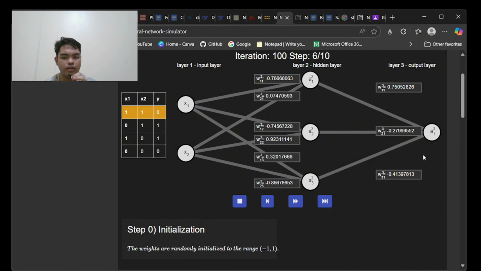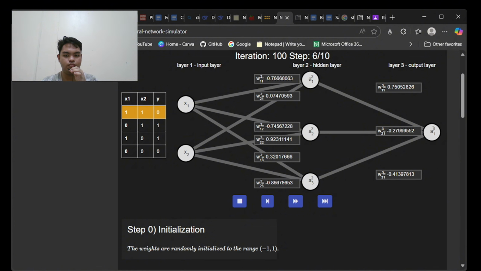What we have witnessed here is the backpropagation algorithm in action. The network started with random weights, and through 100 iterations of training, it learns to approximate the exclusive OR function.